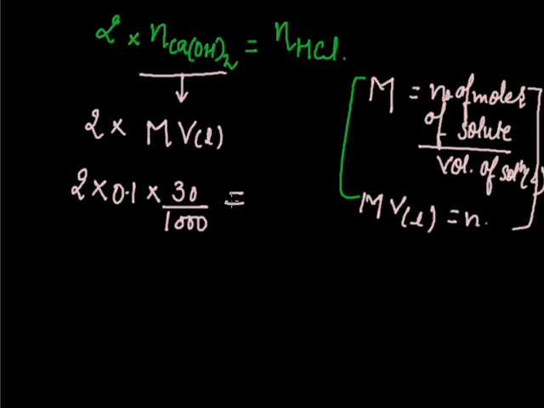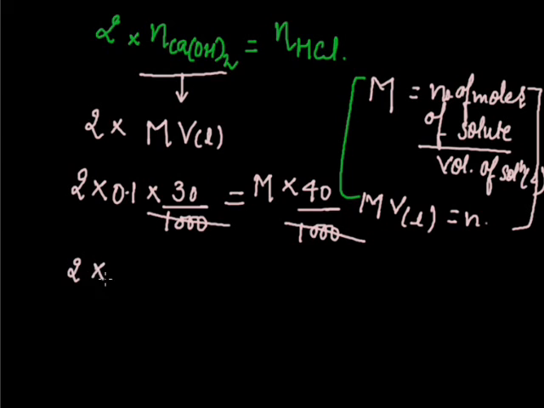Now we'll equate it with the number of moles of HCl. Again, the number of moles is the molarity into the volume in liters, and the volume of HCl is 40 ml. So it will be molarity into 40 by 1000. Now we will calculate the value.